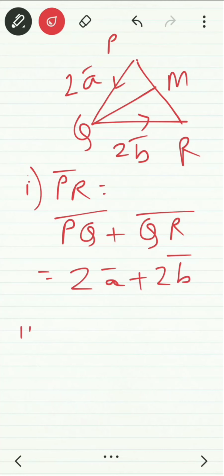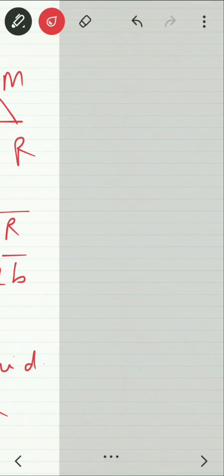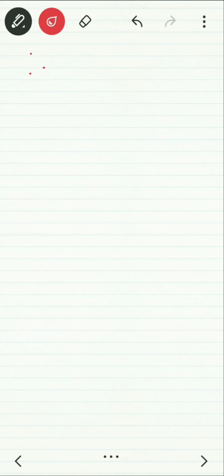Then the second quantity that they told us to represent is PM bar. Now, since M is the midpoint of PR, therefore we can say that PM is equal to half of PR bar.